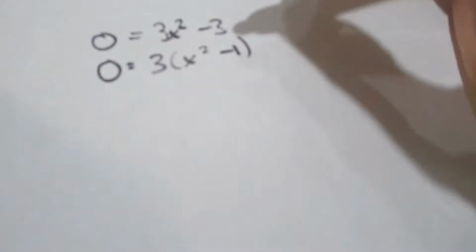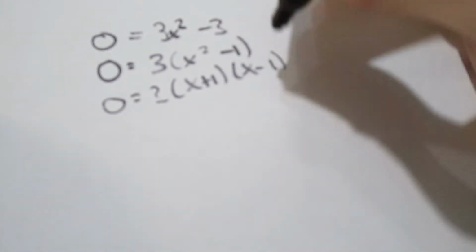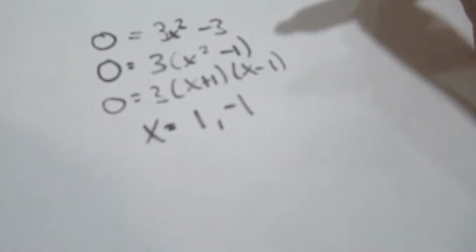And if you just use traditional factoring methods, you go 0 equals 3, factor out the 3, x squared minus 1, and then you can factor that again. 0 equals 3 times quantity x plus 1, x minus 1, and then from there you can deduce that x equals 1 and negative 1. Those are the two x values where the tangent line is horizontal.